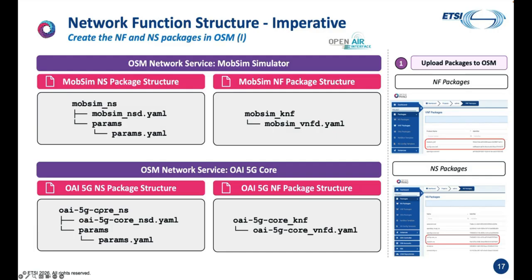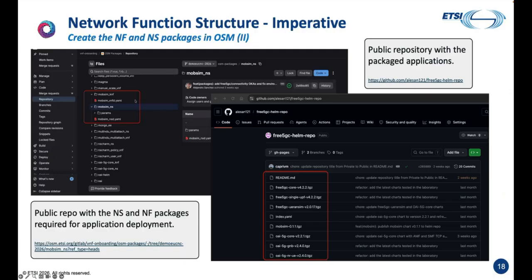This is based on the OpenAirInterface project. You can check that we already did something to the packages to be able to use them in this demo. All the packages are already public. You can see that on the OSM packages repository, and the other one is a public repo just to expose the Helm charts.